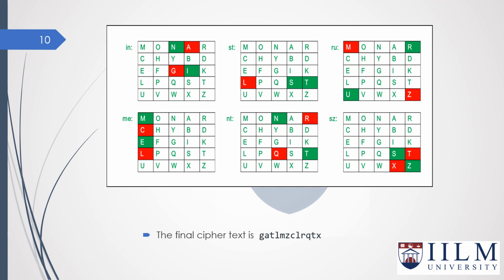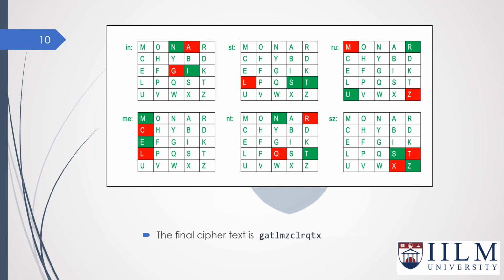If the letters are in a single row, let's say IN in a single row, then we need to select the right side letter of the subsequent plain text. So if this is there, it will rotate and this should be selected. Suppose R is there, then we should select M. Let's see. We'll do it and you will understand.